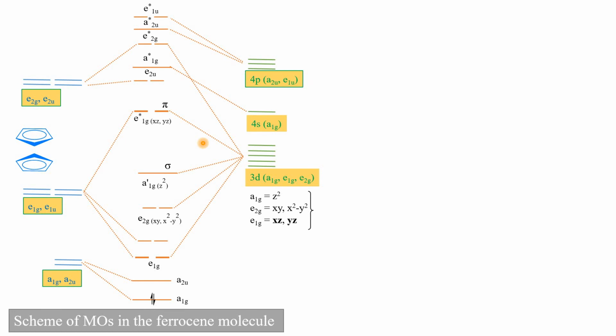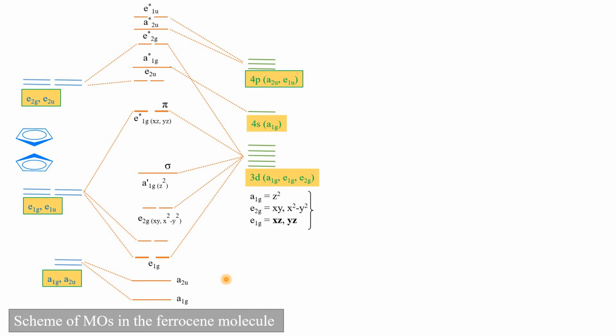So now let's fill the electrons. How many total electrons are there in ferrocene? Iron 0 is 3d6 4s2, which means it has 8 electrons. So iron 2 plus is left with 6 electrons. So 6 electrons from iron 2 plus. 1 Cp has 6 electrons, so there are 2 Cp. So 6 plus 6, 12, 12 plus 6, 18.